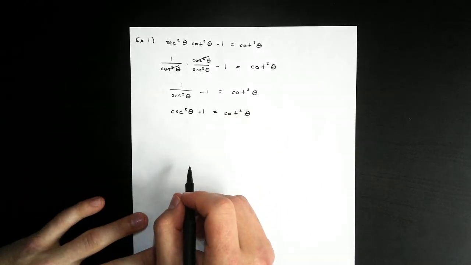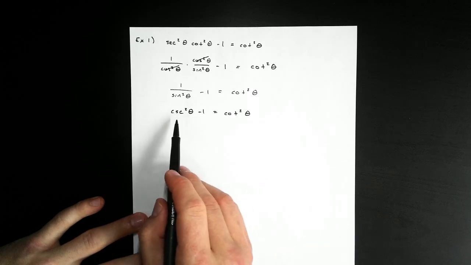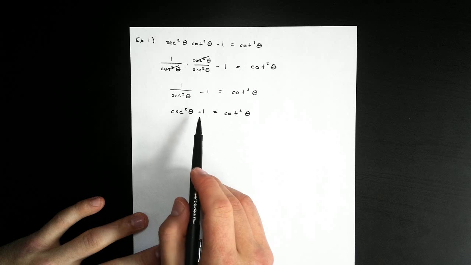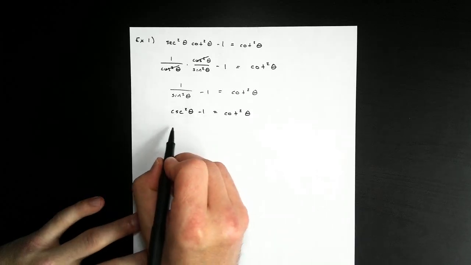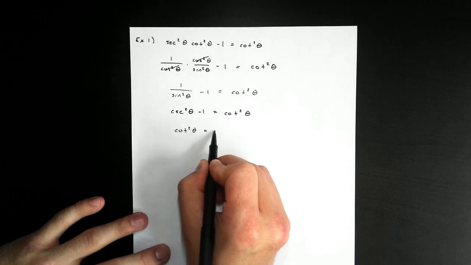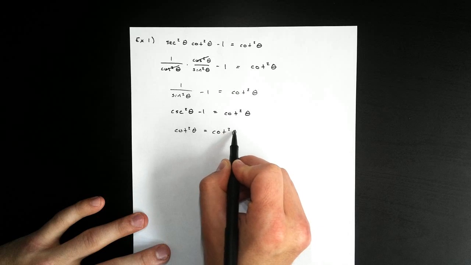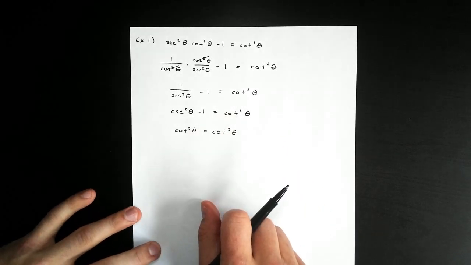And then our last step here, I'm going to use one of our Pythagorean identities: cosecant squared minus 1 is equal to the cotangent squared. So we end up with cotangent squared of theta is equal to the cotangent squared of theta, and now my identity is verified.